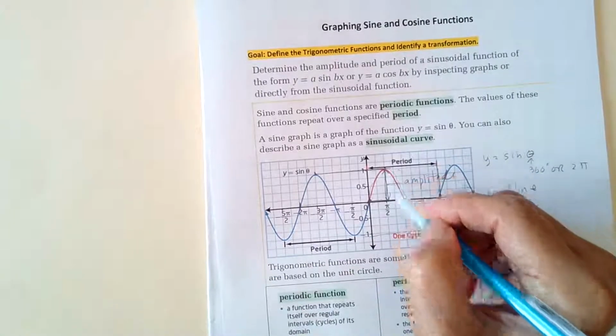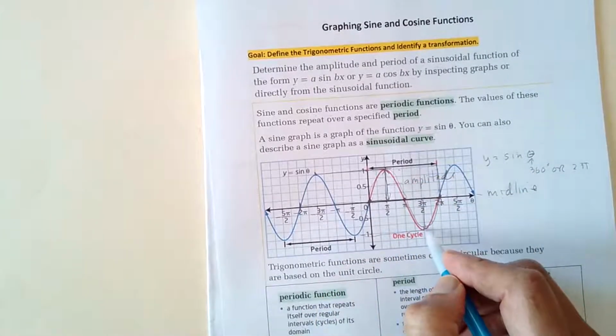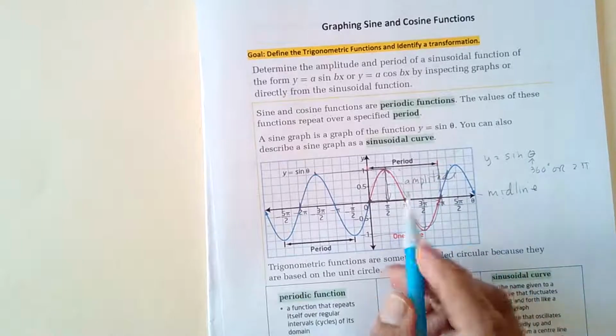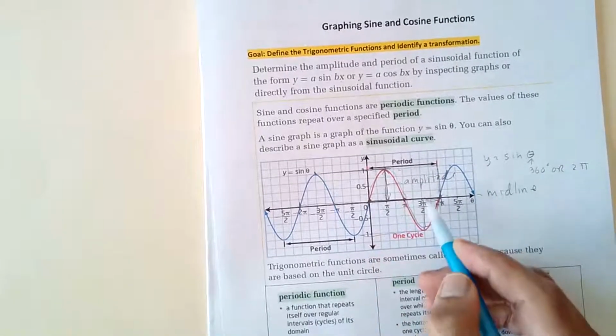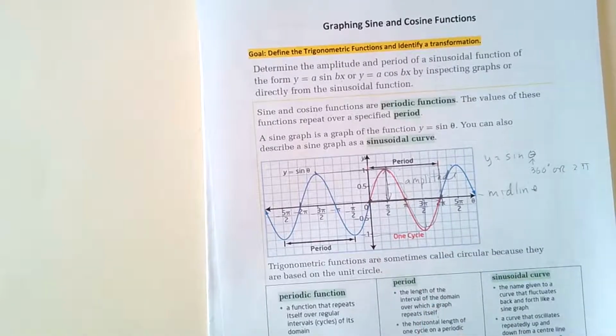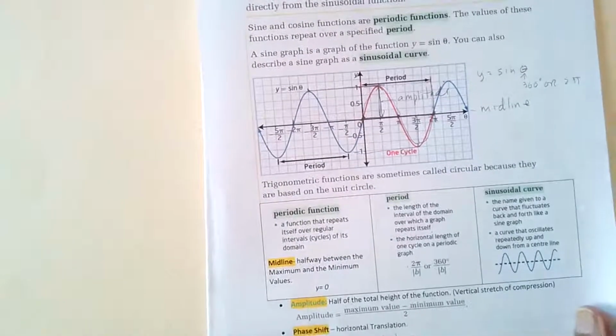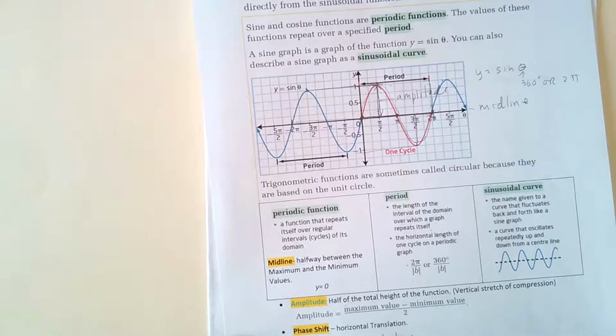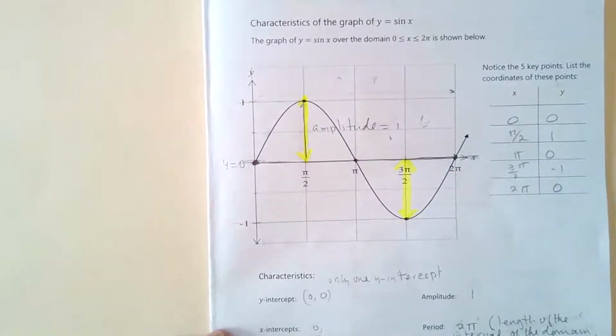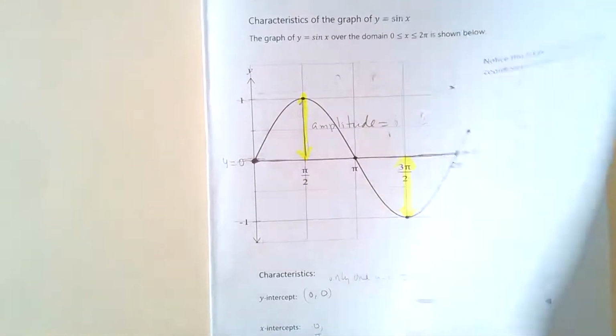The midline is your maximum plus your minimum divided by 2, and the amplitude is from your midline to the maximum or midline to the minimum. The vertical translation we'll look at later, but for now we're looking at sketching your sine or cosine function.